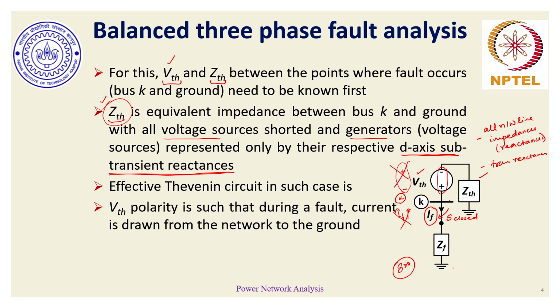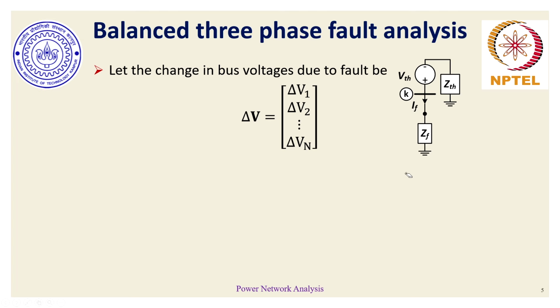So that's the reason why the VTH polarity is such that during a fault, current is drawn from the network to the ground, which otherwise could have gone to some useful load if this fault had not occurred. That's the reason why VTH is of the polarity shown like this, so that the current is flowing into the ground from the actual network.